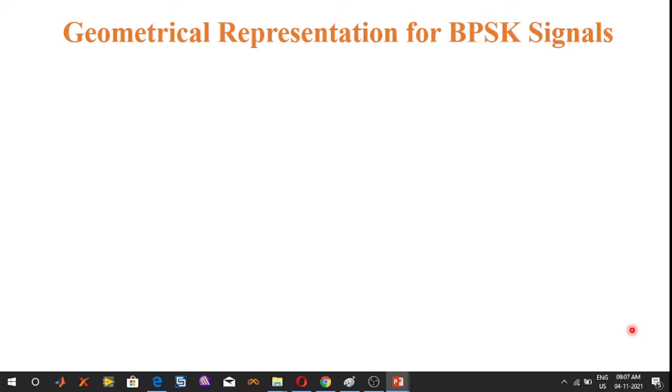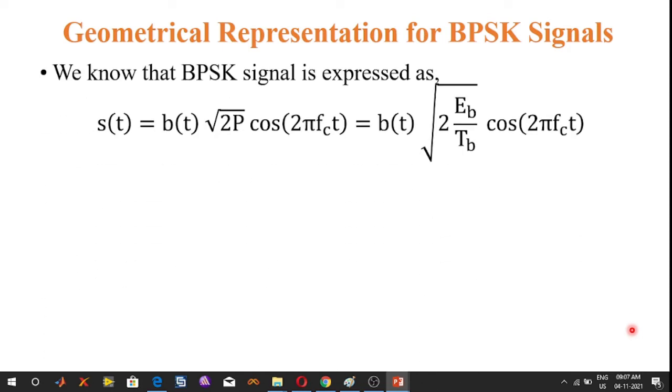Next, coming to the geometrical representation for coherent binary phase shift keying signals. So we know that a binary phase shift keying signal carries the information about two symbols, binary symbol 1 and binary symbol 0. We can represent the binary phase shift keying signal geometrically to show these two symbols.